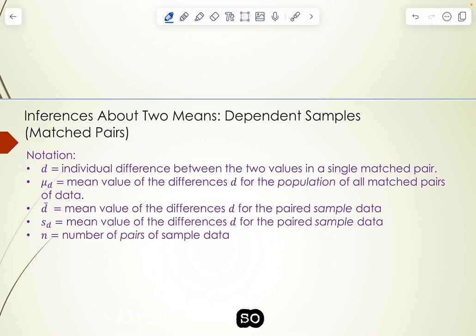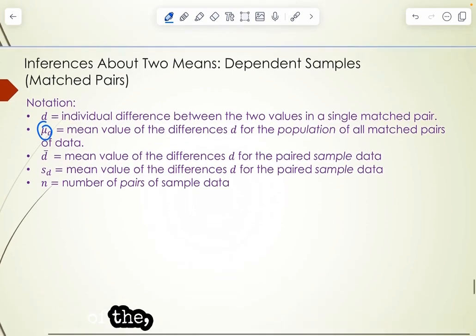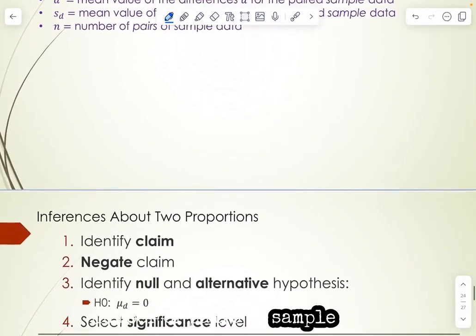All right, and so you have a bunch of d's. You can find the mean difference of the sample. That would be d bar. Mu d, we don't know what it is, right? That's what we're trying to talk about. And the question is, on average, will everybody improve? Will d be positive or negative? s_d is the standard deviation of the differences, and n is the number of pairs of sample data.